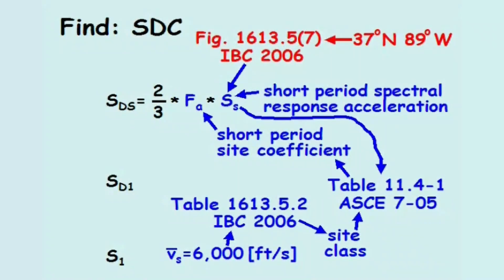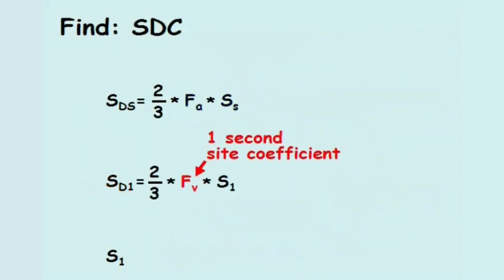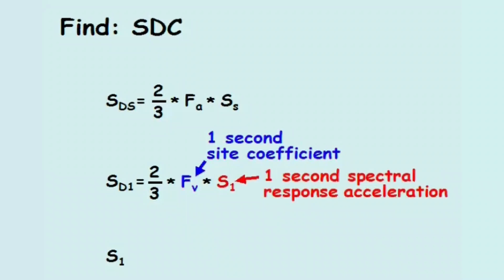The 1-second design spectral acceleration equals 2/3 times the 1-second site coefficient, also called the long period site coefficient, times the 1-second spectral response acceleration, S1. Solving for these two terms is similar to the previous equation.